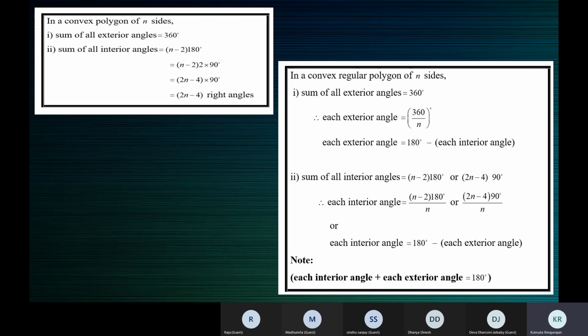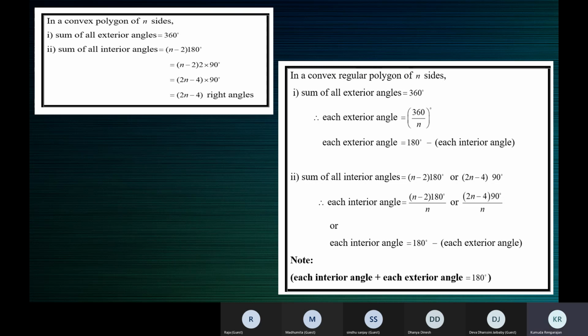It may have 3 sides, 4 sides, 10 sides. So a triangle with 3 sides has only 3 exterior angles, while a decagon with 10 sides has 10 exterior angles. However, the sum of their exterior angles will be the same, 360 degrees.